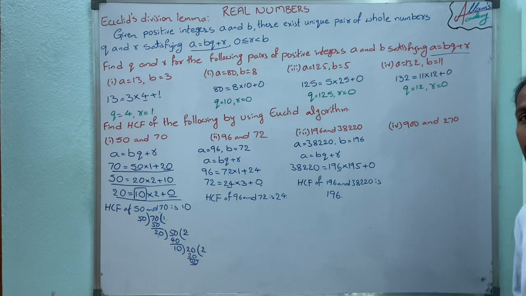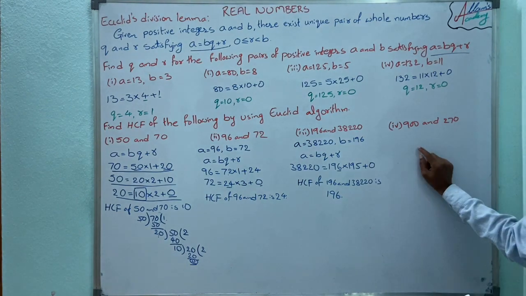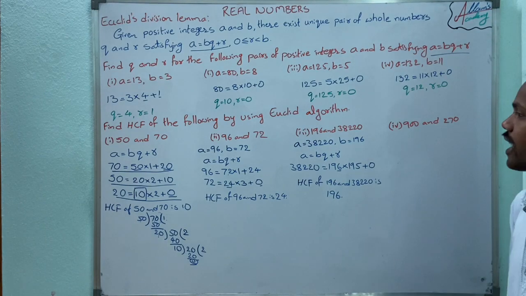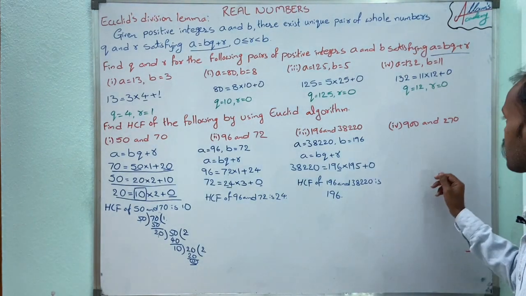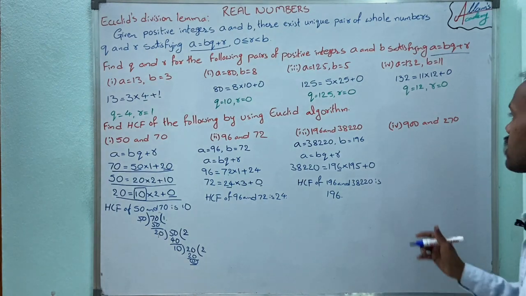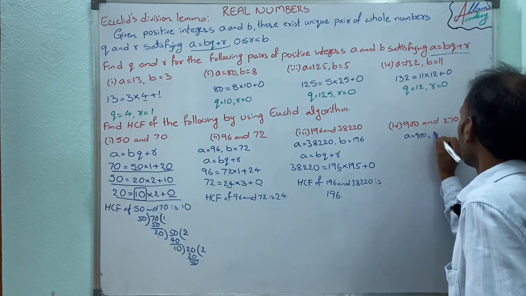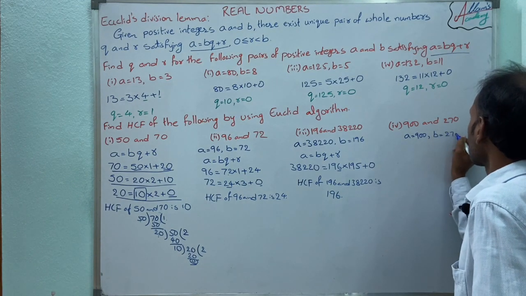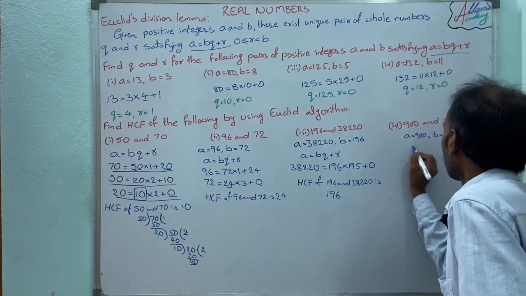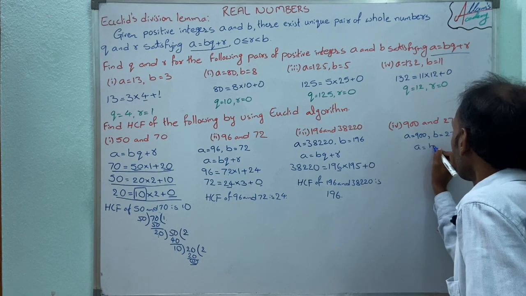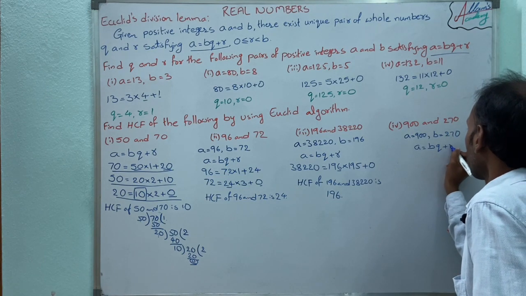Now we see another problem, 900 and 270. In this the greatest number is 900, so that will be taken as a, and the smallest number 270 will be taken as b. So a equals 900 and b equals 270. Now we want to write in a equals bq plus r form.